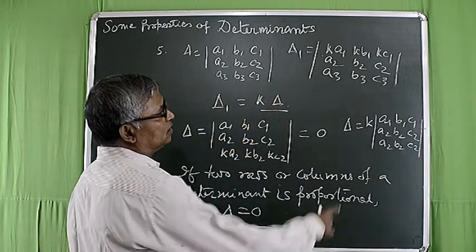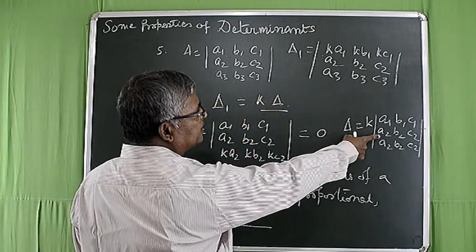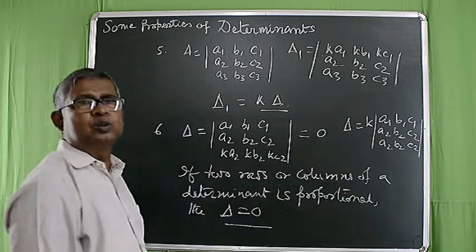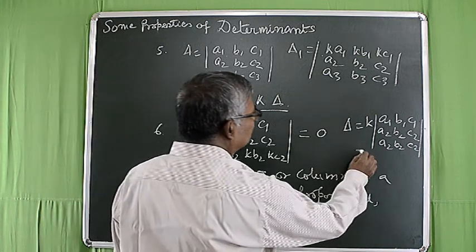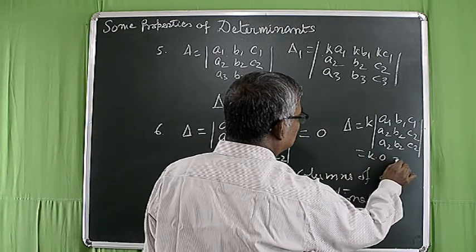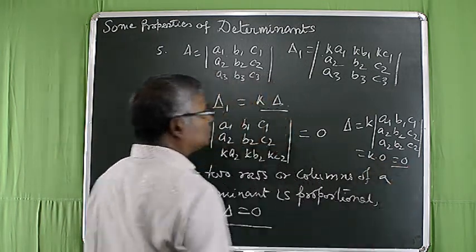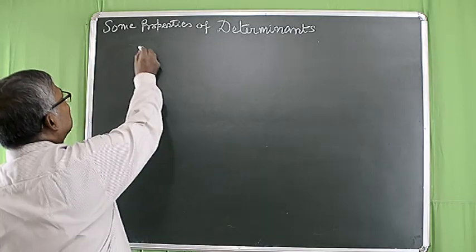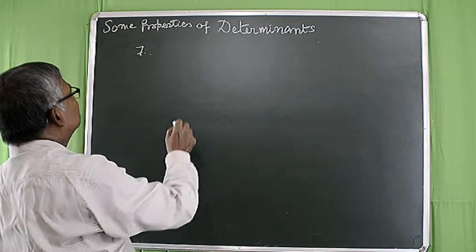Here see, two rows are identical, therefore the value of the determinant equal to 0. So it will be k into 0, that is 0. So the value of the determinant will be 0. Let us consider the next property.